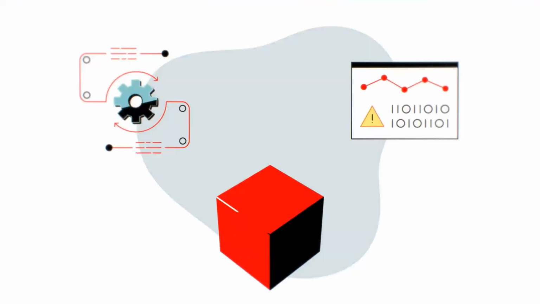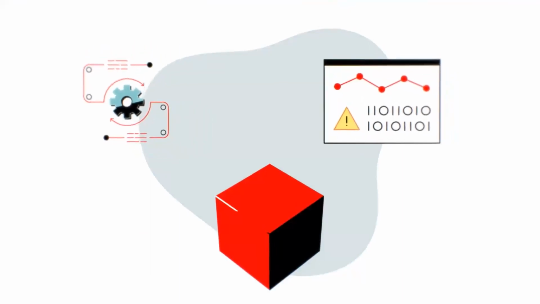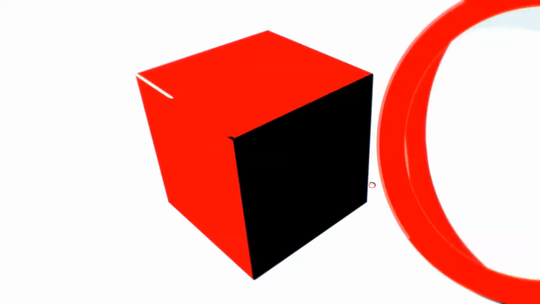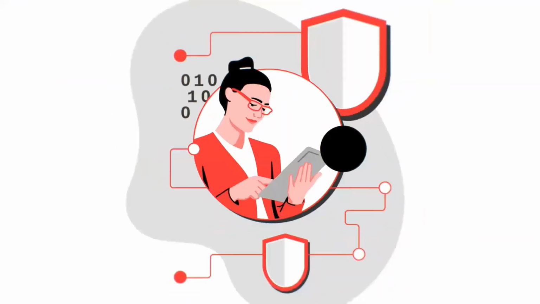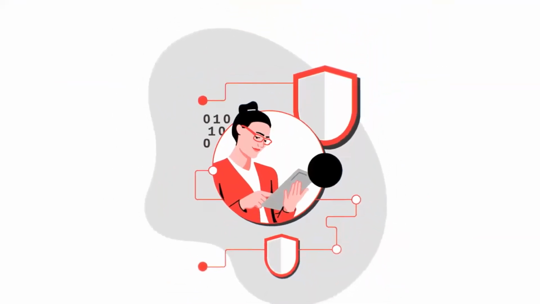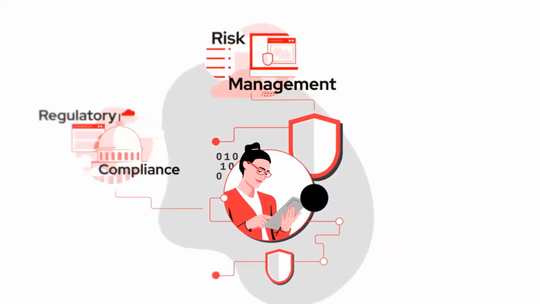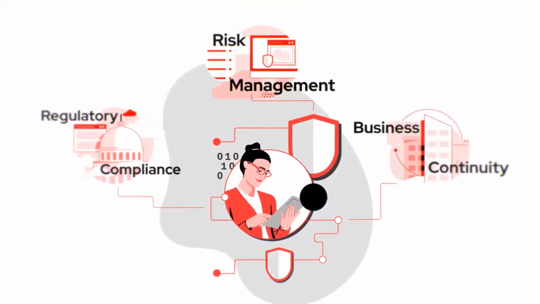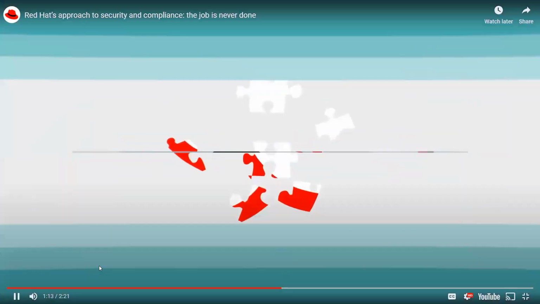IT operations should integrate defense in-depth strategies, tools like automation and predictive analytics to detect and remediate vulnerabilities. And leadership needs to build a strategy around risk management, regulatory compliance, and business continuity while championing a culture of security ownership across the organization.